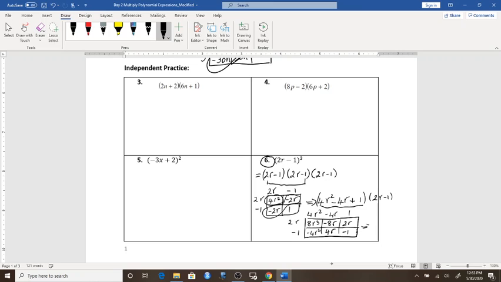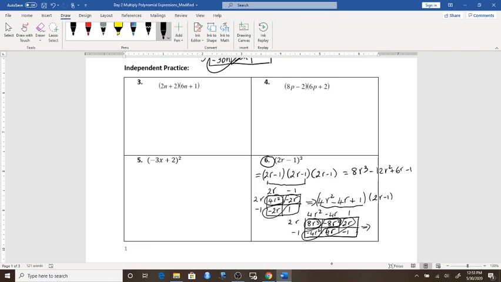So let's see what we get from here. 8r cubed is going to stay. So I'm going to write the answer here. Okay, so we get 8r cubed. Oh, sorry, I made a mistake. This is a square, clearly, because 2r times negative 4r is negative 8r squared. So negative 8r squared and negative 4r squared add up to negative 12r squared. 2r and 4r can be combined into 6r, and then negative 1 is going to stay.